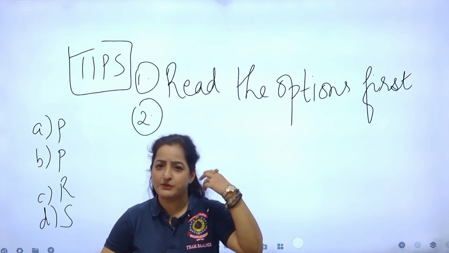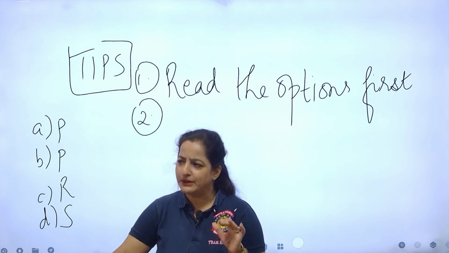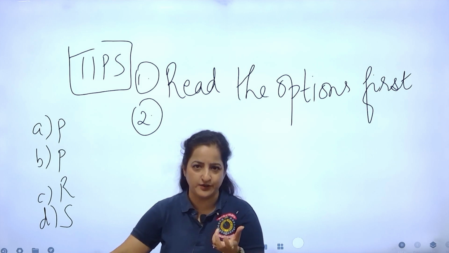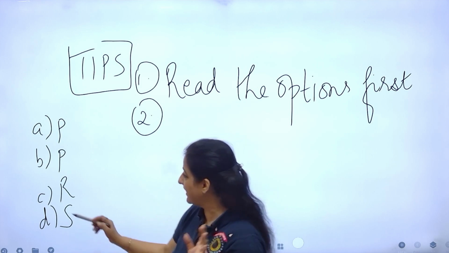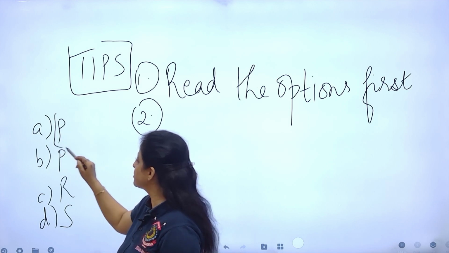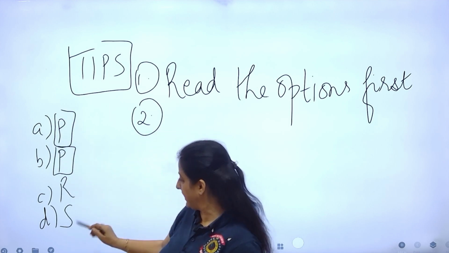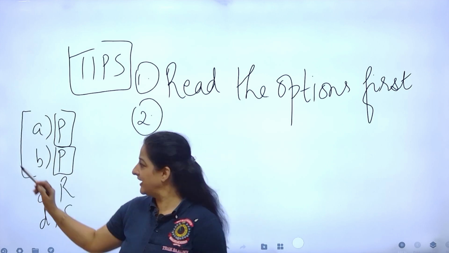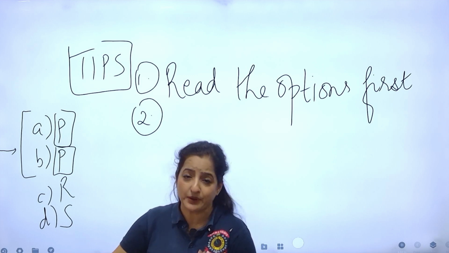However smart you may think you are, which I do not doubt you are, let's act a little smartly and wisely, I would say. There is one more hack I can give you over here. If an initial is repeated twice, let's say P is written twice, then R and S, there is high probability that the answer lies between A and B. Either the answer is A or B, but high probability.